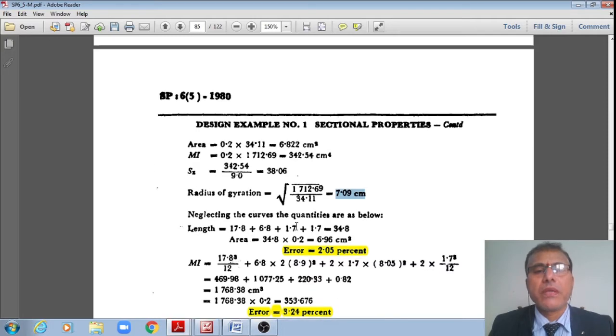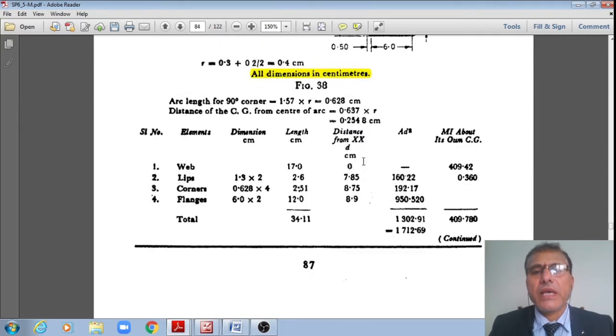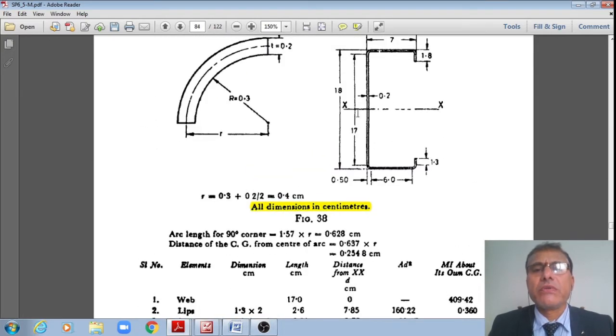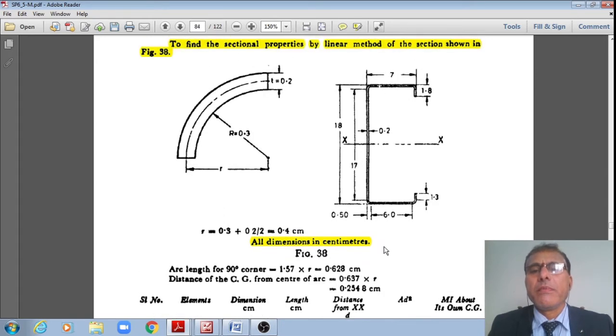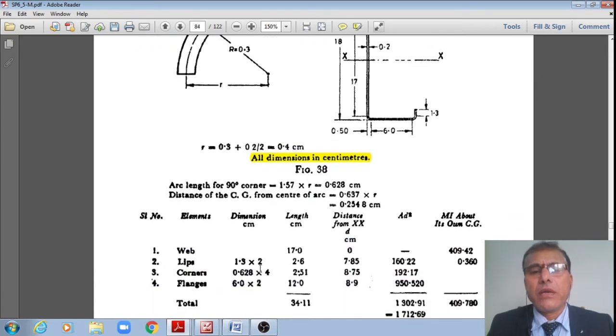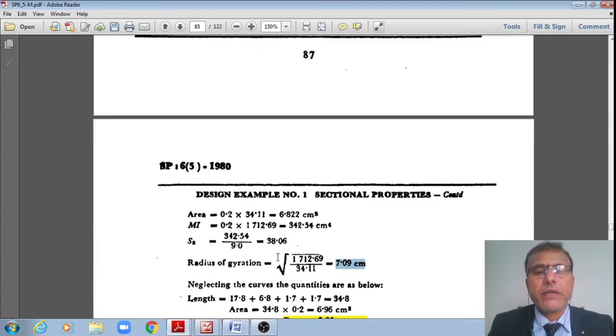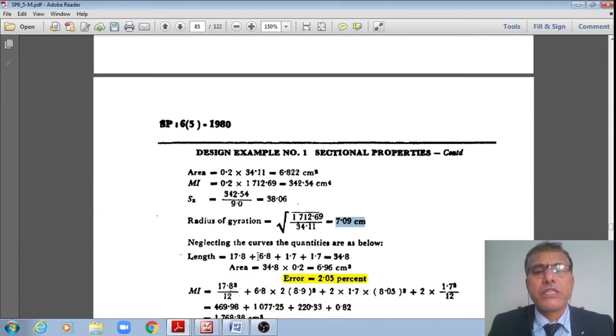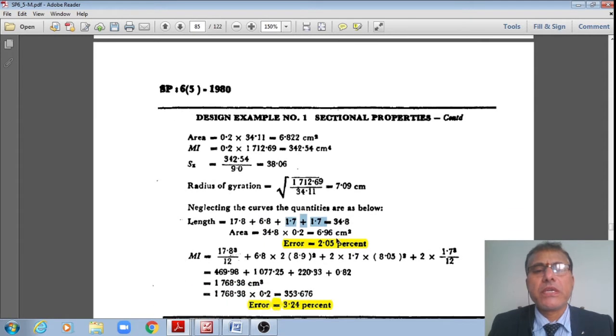I'll take everything as a rectangle. Therefore, this is 18 minus 0.2, that is 17.8, plus 2 multiplied by 6.8, plus 2 multiplied by 6.8, plus 2 multiplied by 2 multiplied by 1.7. It now works out to a total length of 34.8 centimeter.